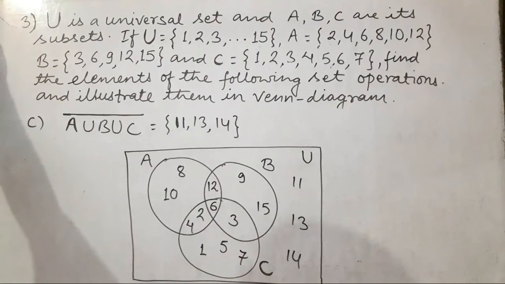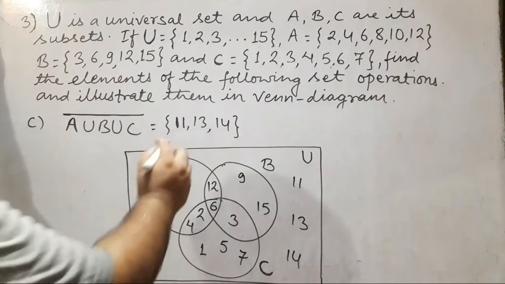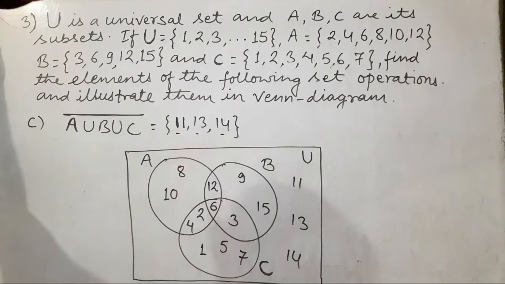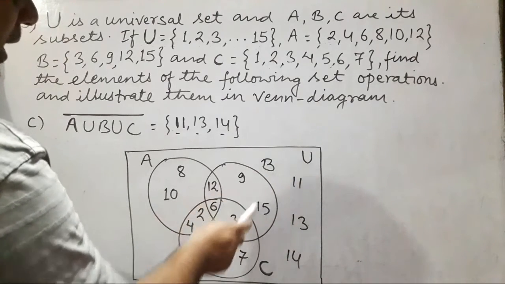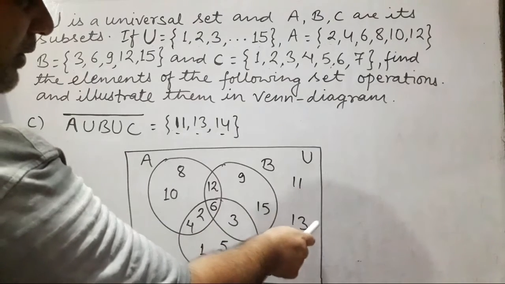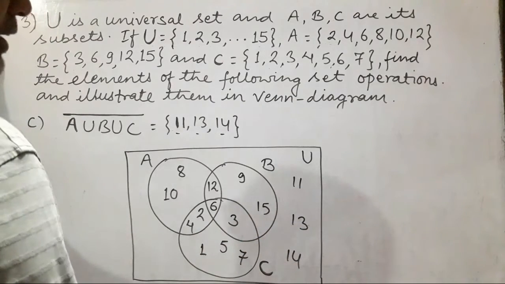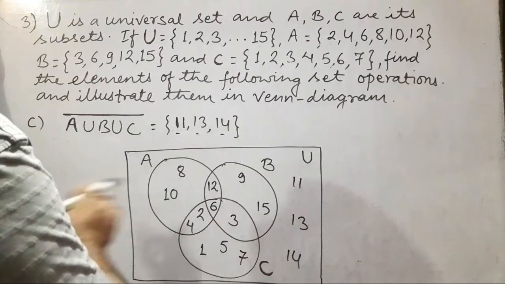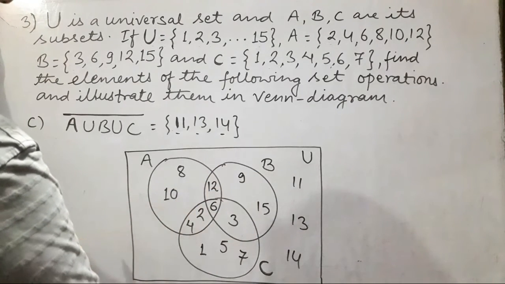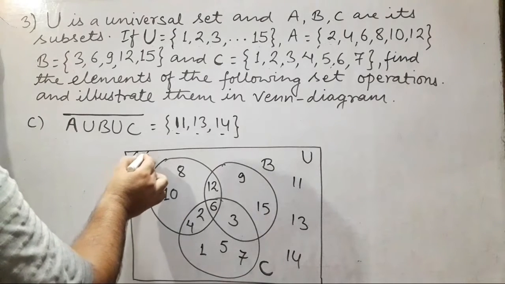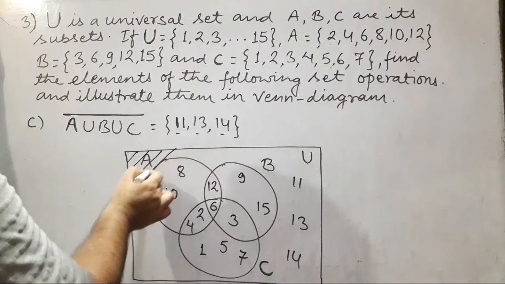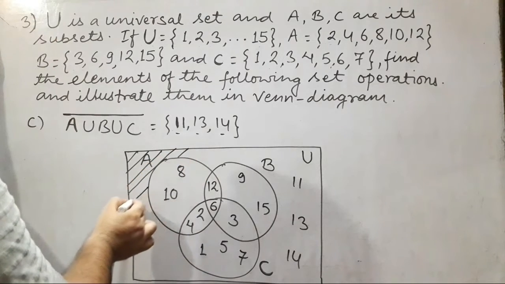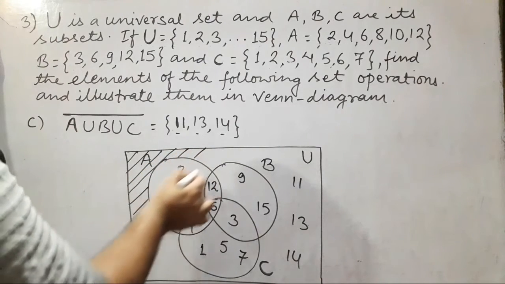The Venn diagram. Now we have to shade the part containing the elements 11, 13 and 14. As we can see, outside these sets A, B and C, there are the elements 11, 13 and 14. That means we have to shade outside these sets A, B and C. We cannot shade any part of A, B and C. From the question only we can understand.